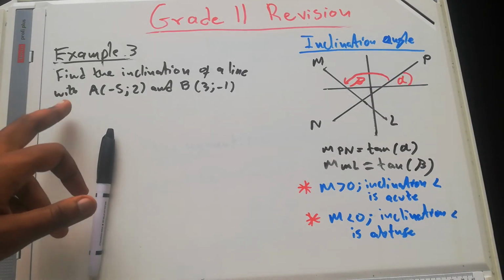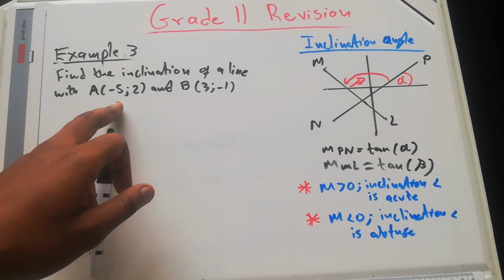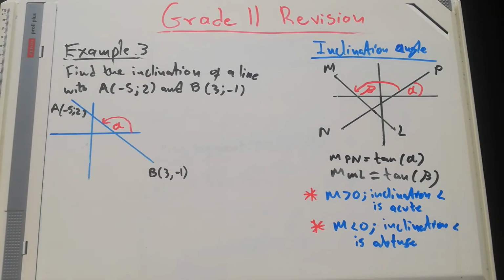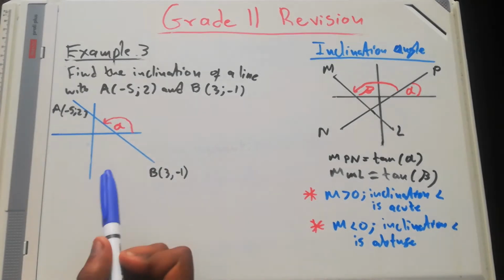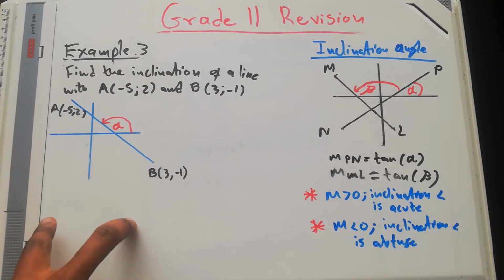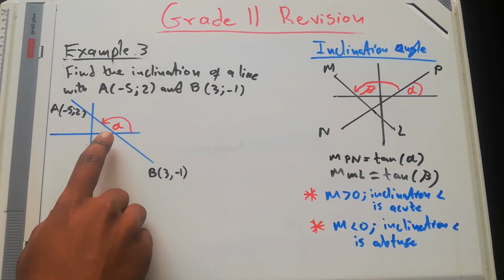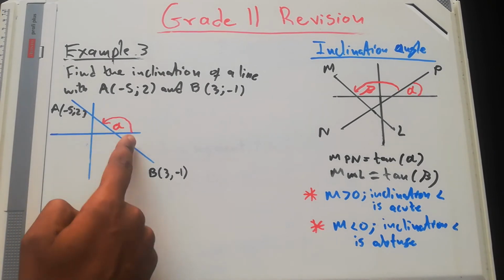The question says find the inclination of a line with these points: A(-5, 2) and B(3, -1). The first thing you do is draw a sketch of these points so that you have an idea of what's happening here. From the sketch, I can clearly see that the angle I'm looking for is an obtuse angle, because it's greater than 90 degrees.